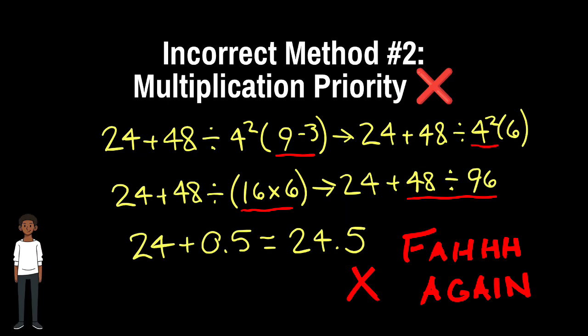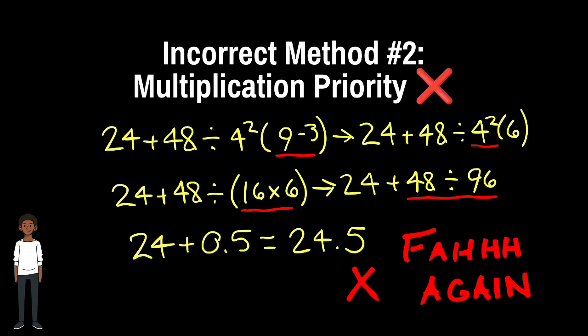Now let's analyze a second, much more subtle trap that catches even advanced students. Other people start by solving inside the parentheses first. 9 minus 3 equals 6, giving 24 plus 48 divided by 4 squared times 6. Next, they compute the exponent, 4 squared equals 16. Here is where they make the fatal mistake.